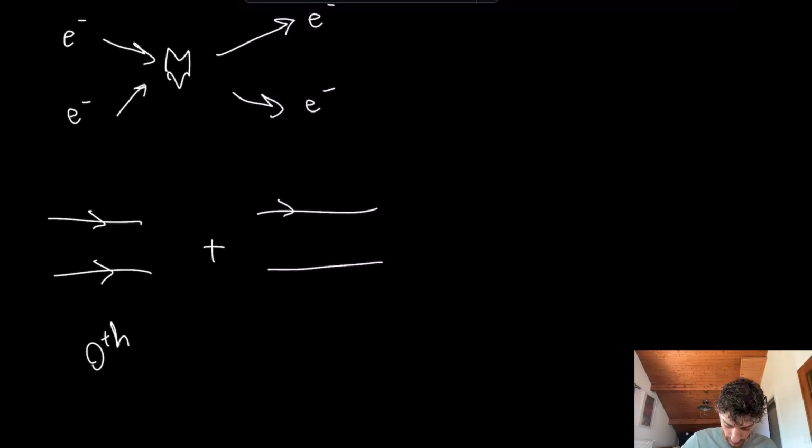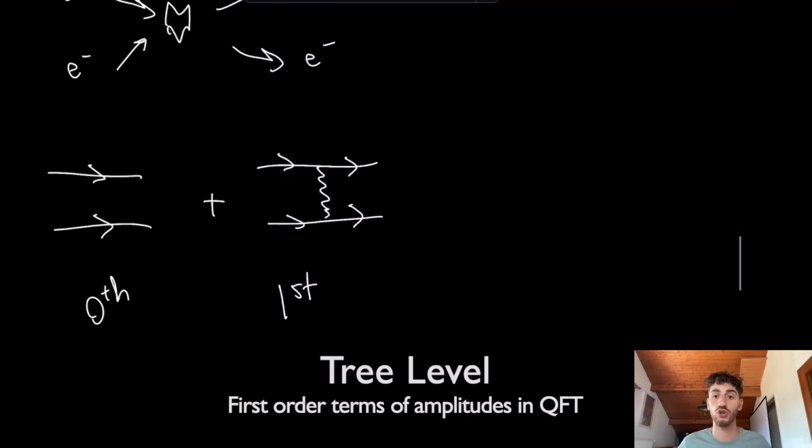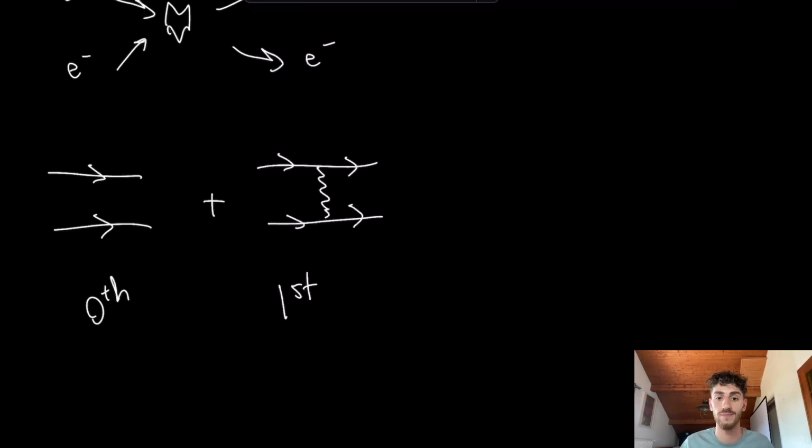The electrons come in, and then maybe a photon is exchanged between them, and then they come back out. This would be a first order term, which is also called tree level. When we describe particle interactions, we use these Feynman diagrams, which actually represent the math behind it, but this is a nice pictorial way to represent what we're talking about.